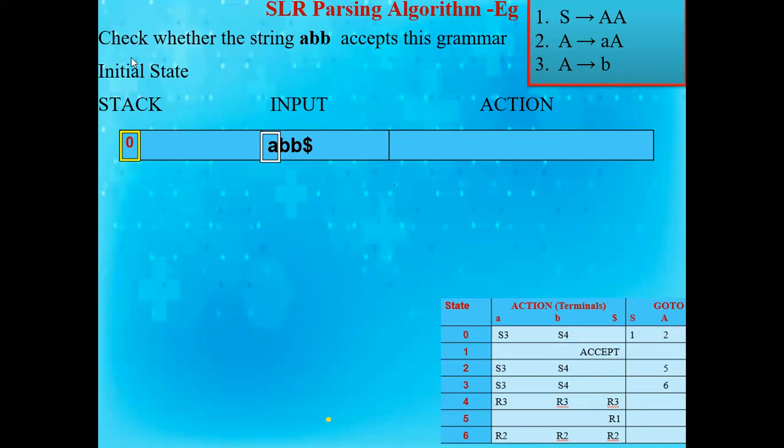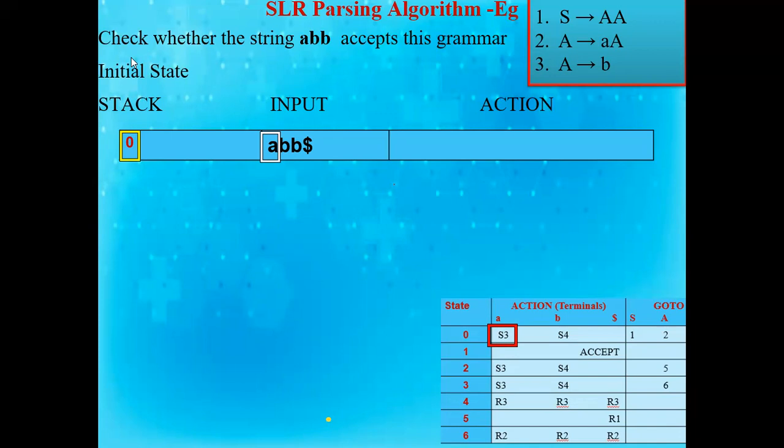Under state 0, when the symbol A comes, the entry is S3, right? S3 means shift 3. So we shift the first symbol to the stack, and the state number 3 is also shifted to the stack.